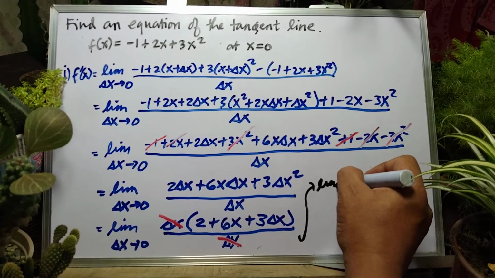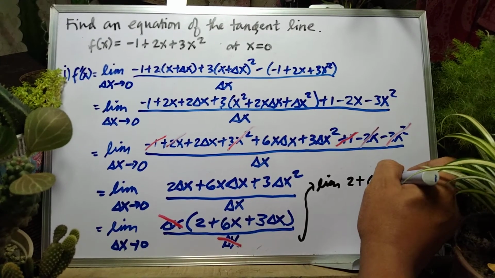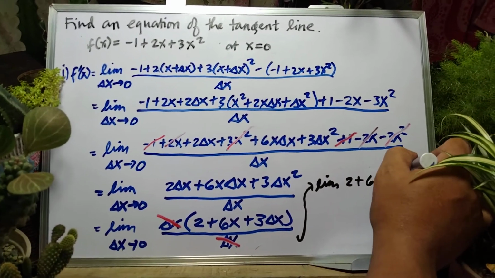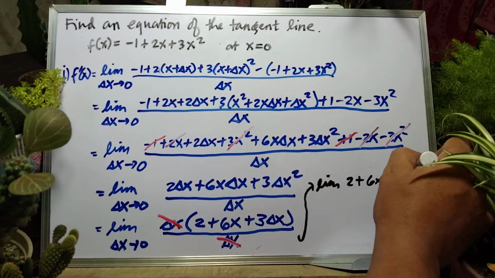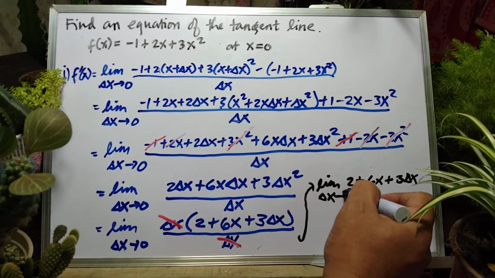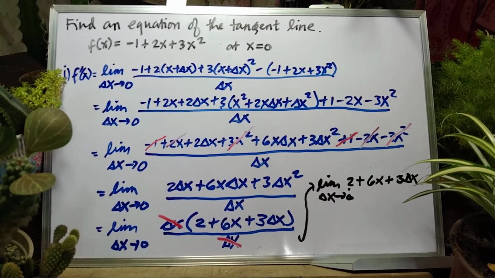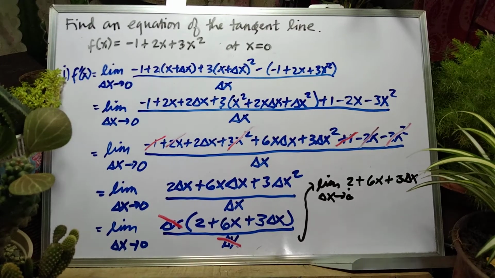So, the limit of 2 plus 6x plus 3 delta x as delta x approaches 0. So, mauna na siya nabilin. So, makancel na ni si delta x.